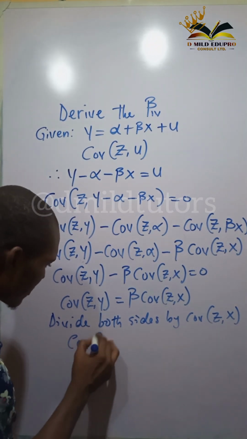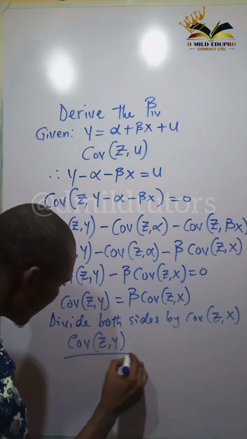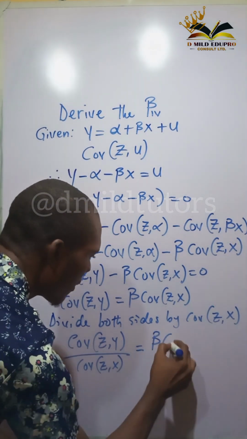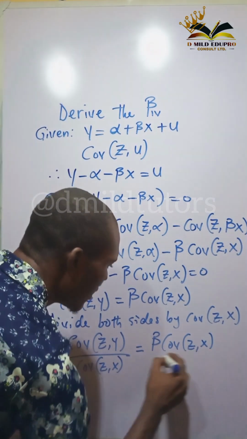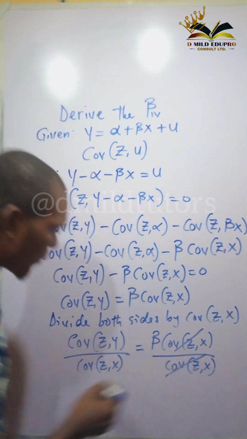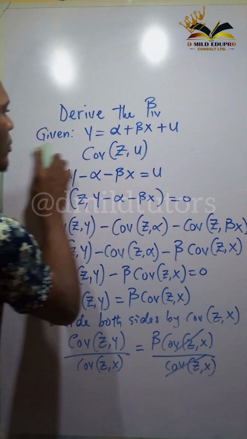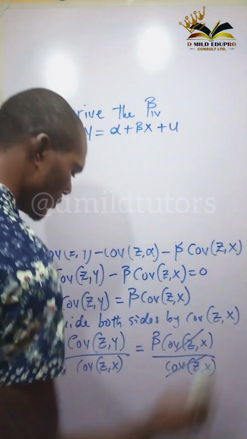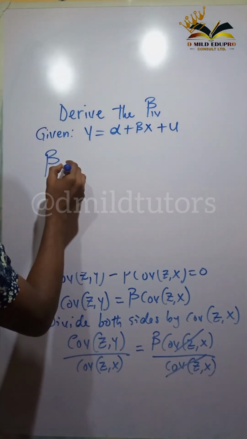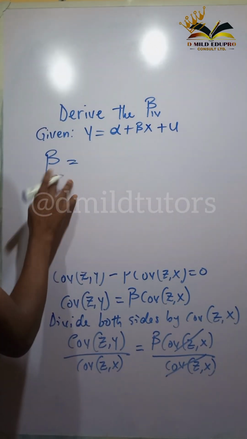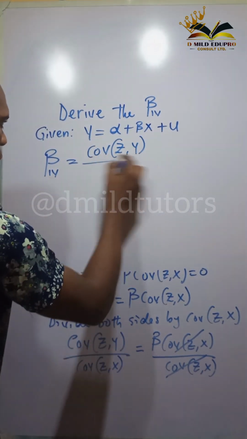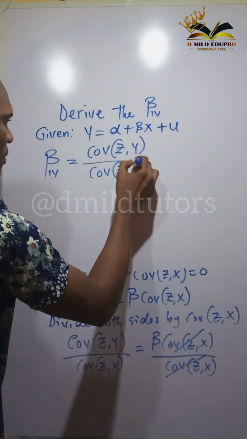So we have the covariance of z comma y divided by the covariance of z comma x equals beta covariance of z comma x all over the covariance of z comma x. So this cancels, and we are left with beta, which we can refer to as beta IV, equals the covariance of z comma y over the covariance of z comma x.